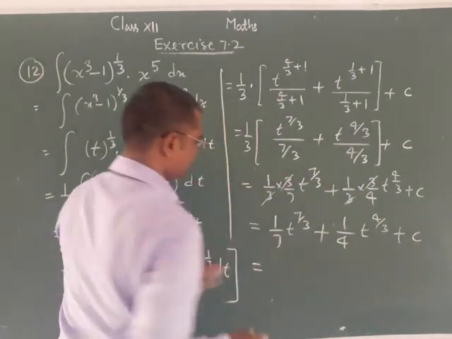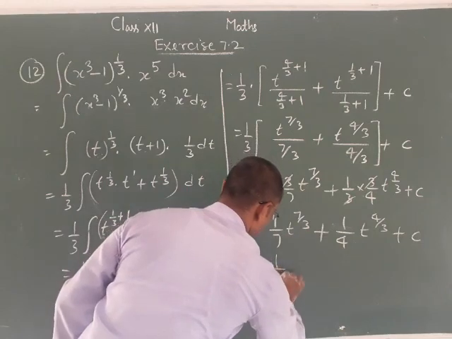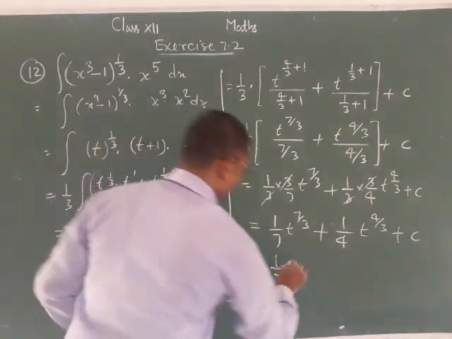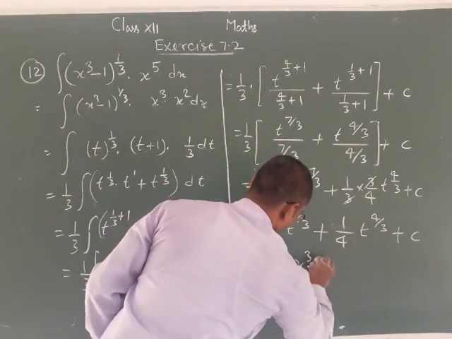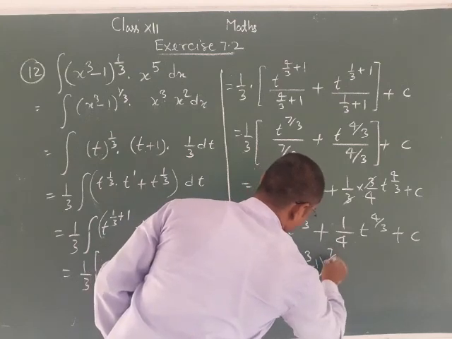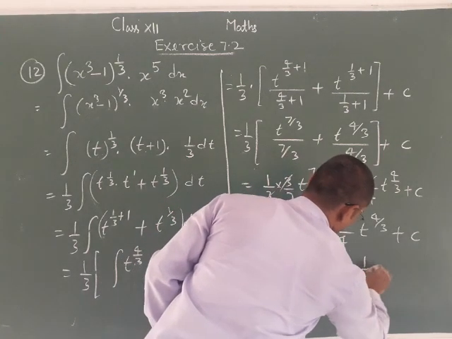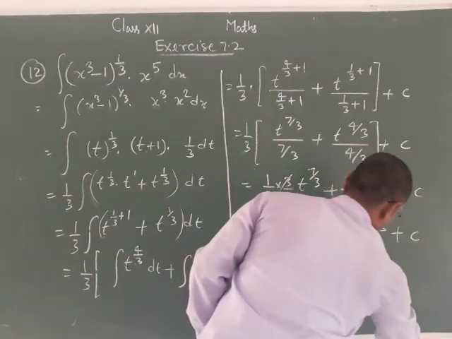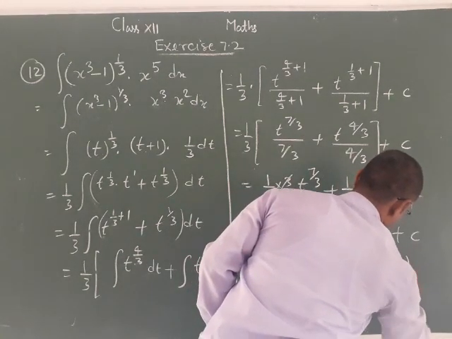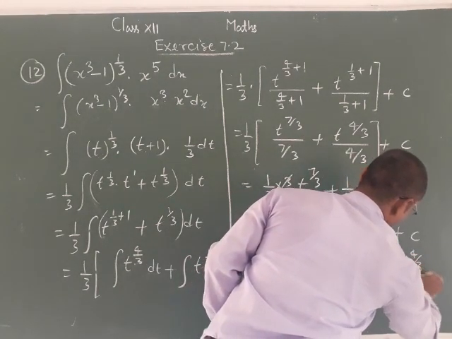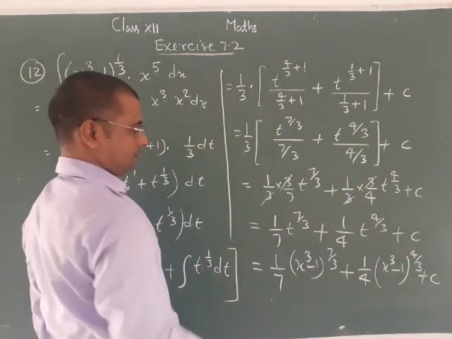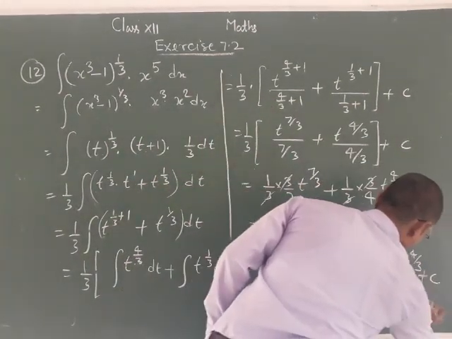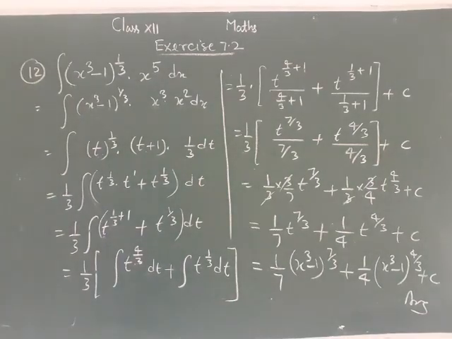And now change this back. So 1/7 (x^3 minus 1)^(7/3) plus 1/4 (x^3 minus 1)^(4/3) plus c. This is the answer of the given question.